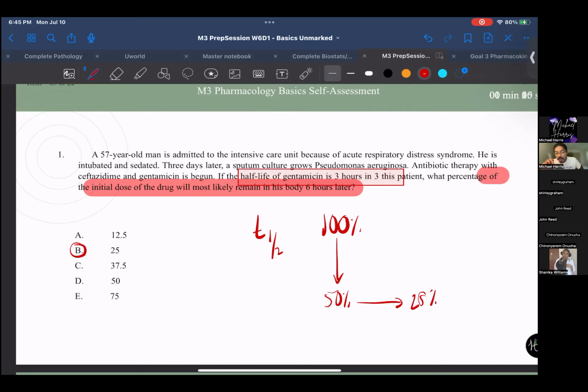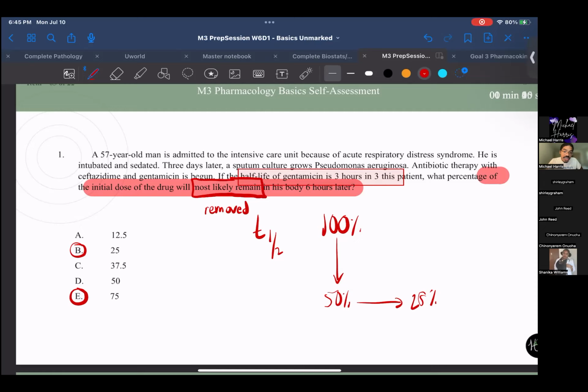Be very wary of this. The only reason why I say that is this. Instead of saying most likely remain, they could say most likely removed. And then the answer would have been 75.